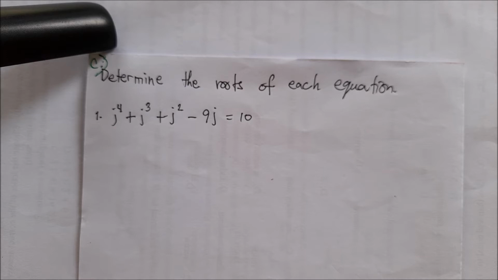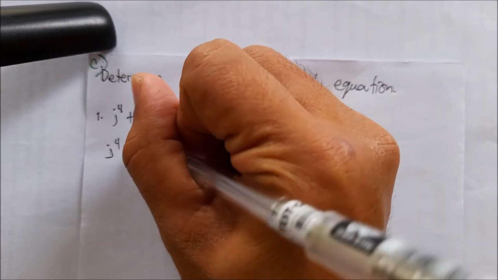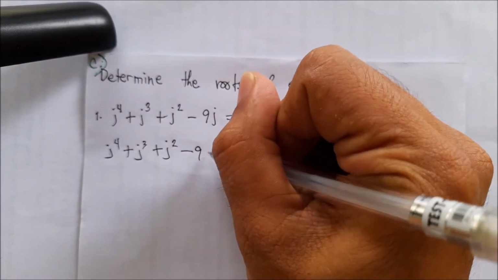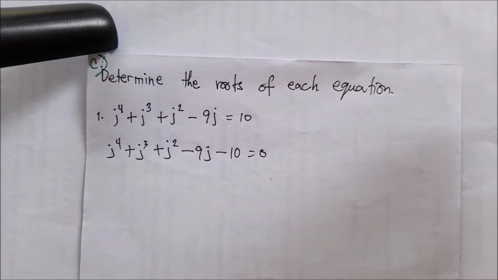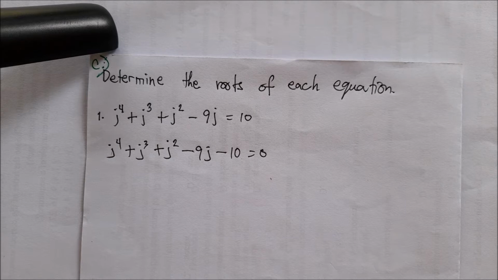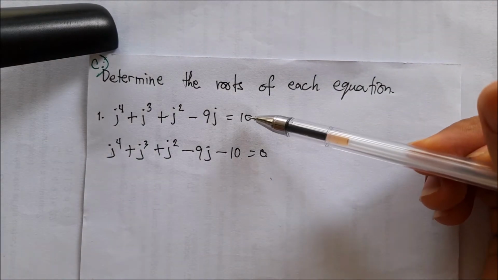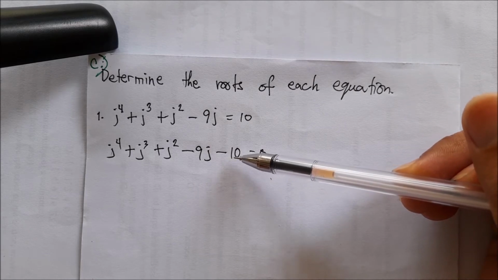First, equate it to 0. j raised to 4 plus j raised to 3 plus j raised to 2 minus 9j minus 10 equals 0. The given is not equal to 0, so you need to equate to 0. Then transpose the positive 10, and it changes the sign to -10.